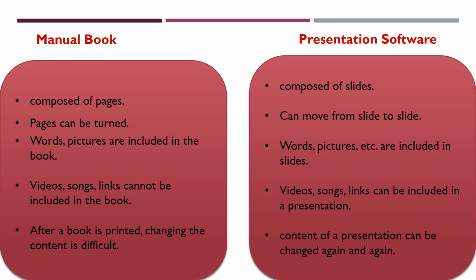In a manual book, we have pages. In presentation software, we can move from slide to slide. Manual book includes words and pictures, and presentation software also includes words and pictures.